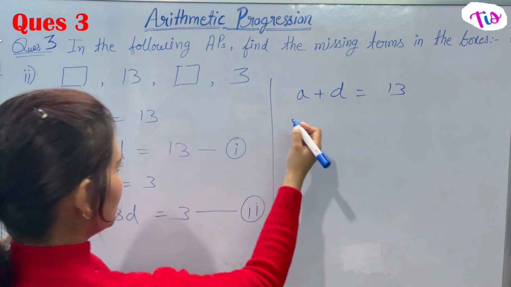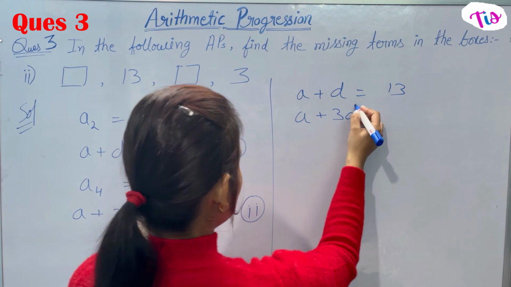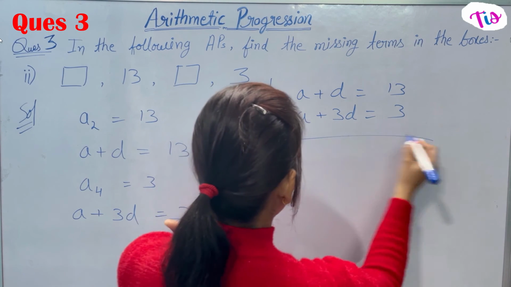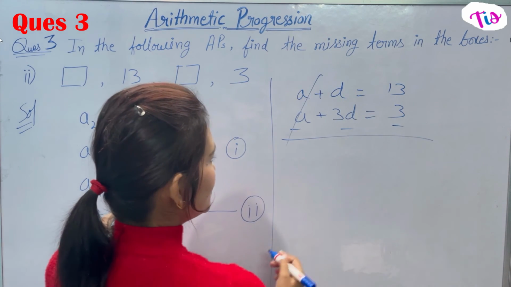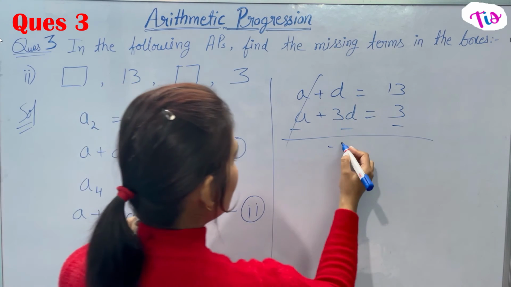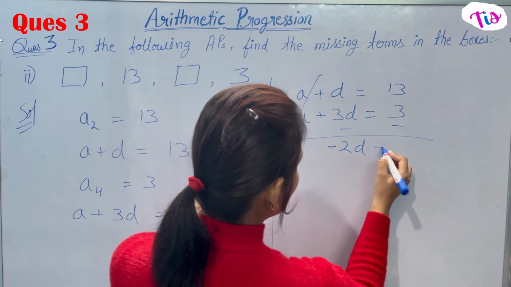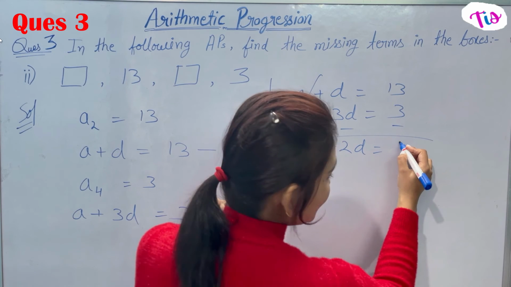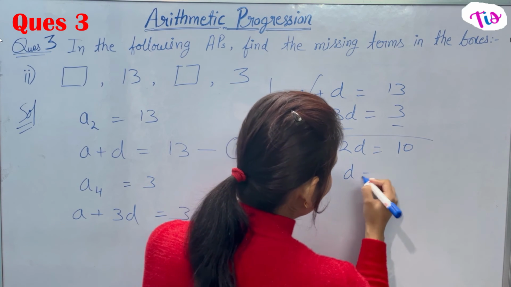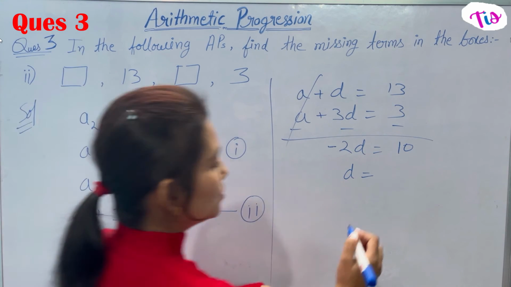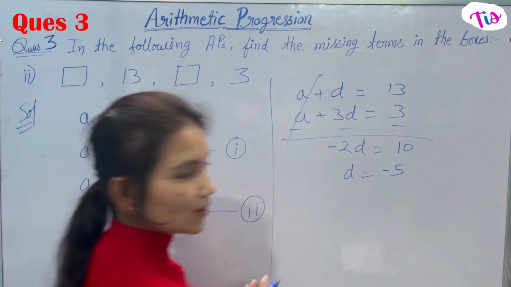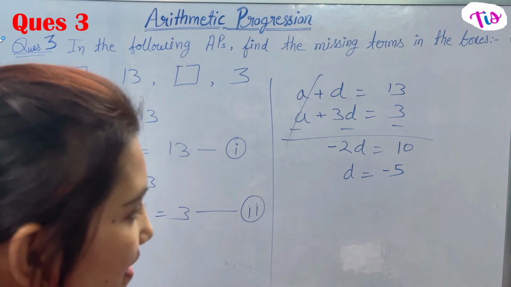A plus 3d is equal to 3, right? Now subtract. d minus 3d would be minus 2d, and minus 2d is equal to 13 minus 3. 13 minus 3 is 10, and d here would be 10 upon 2, that is minus 5. So d, the common difference here, is minus 5.